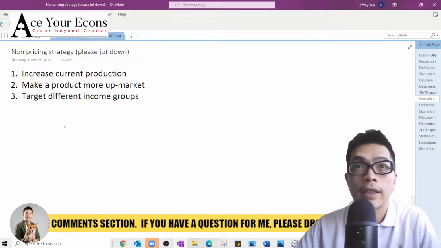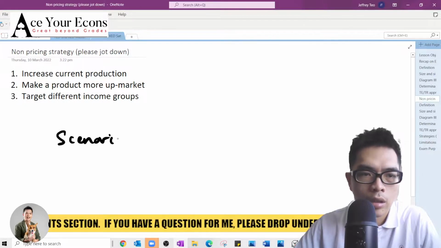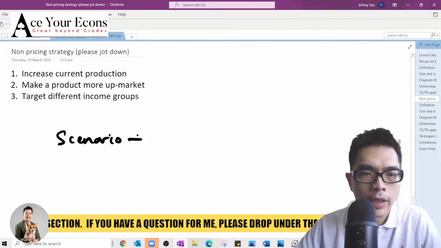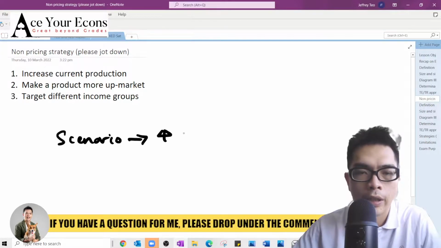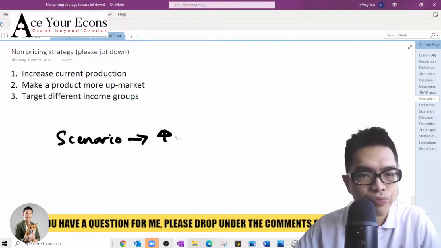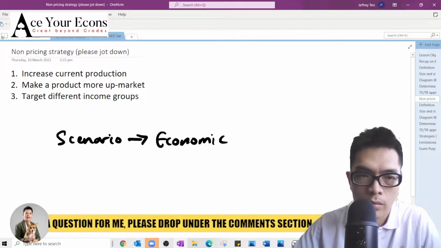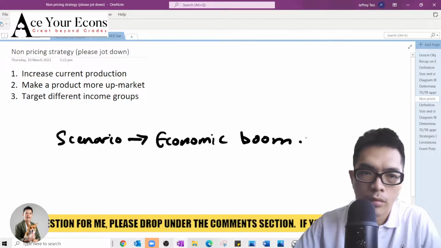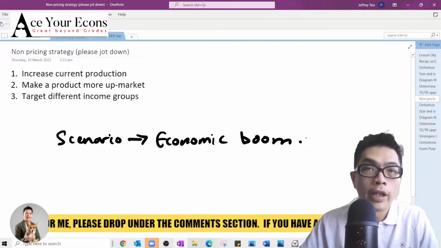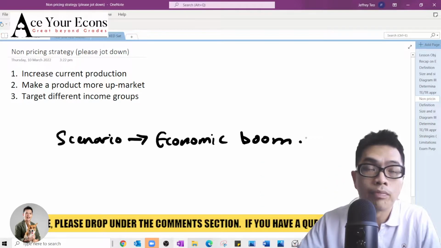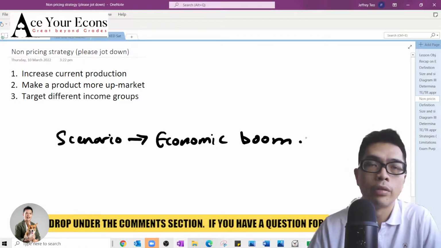So for instance, when the scenario given was an increase in household income or there's an economic boom. Right? So a producer will have different approaches. So what can a producer do to maximize revenue?